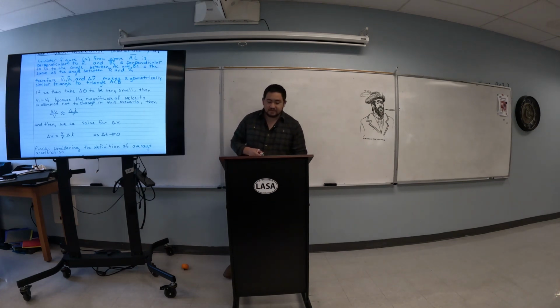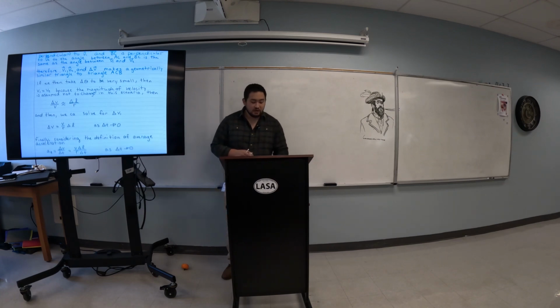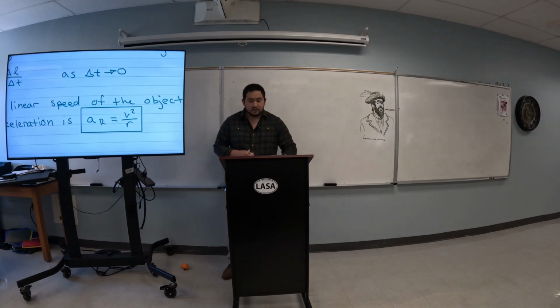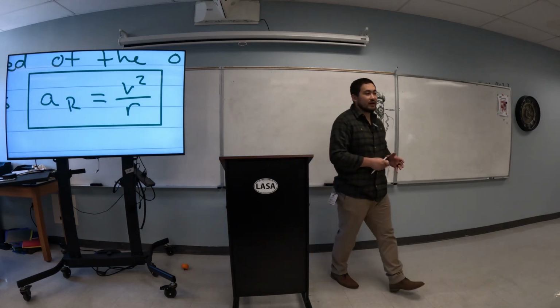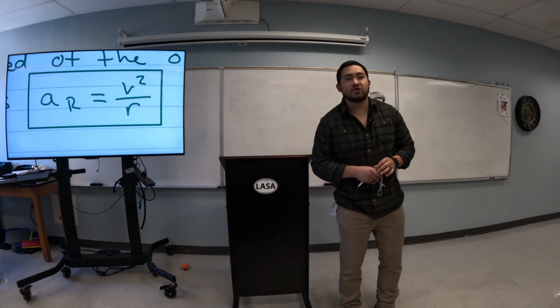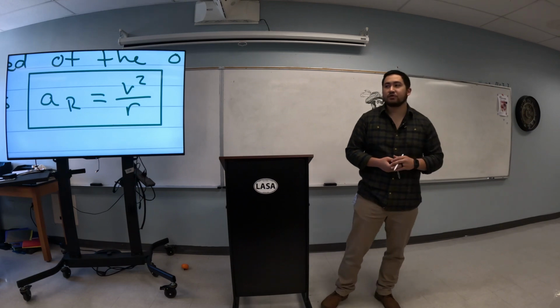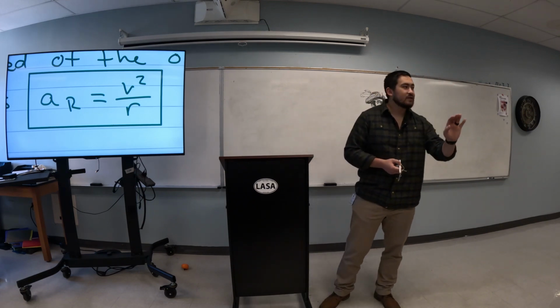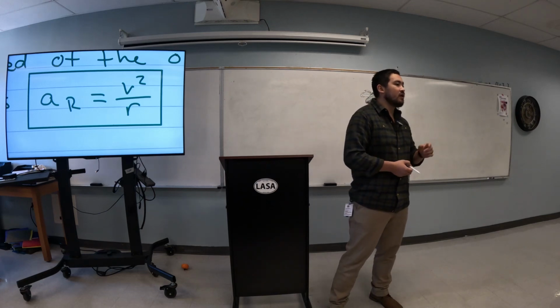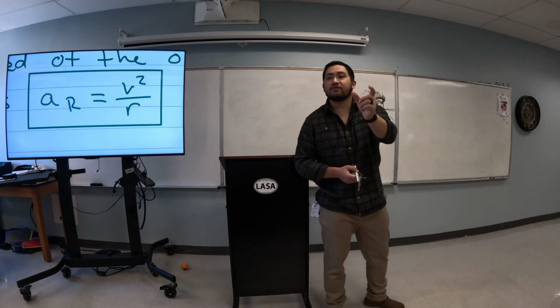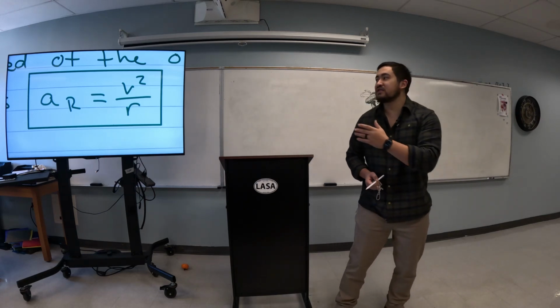Now, that said, here are some steps on a proof to come to an equation that will allow us to calculate centripetal acceleration when we have uniform circular motion. I'm going to request that you walk through those steps on your own as the notes are attached. But for today, so that I don't confuse you and put you to sleep, let's just discuss the result.